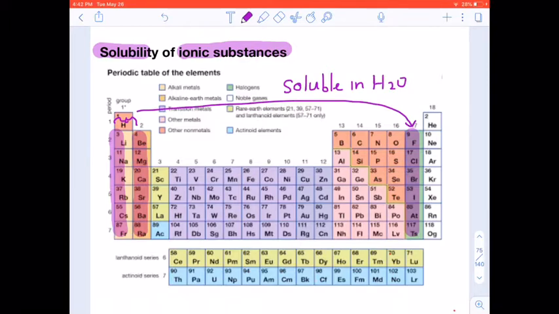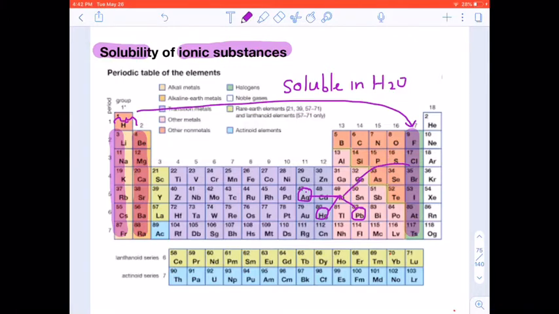Here we have, for instance, silver. Here we have mercury. Here we have lead. And even that, when it combines with the halogen, we get halides.